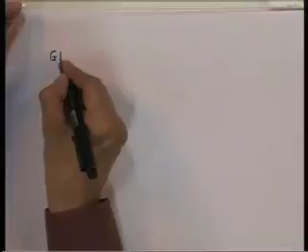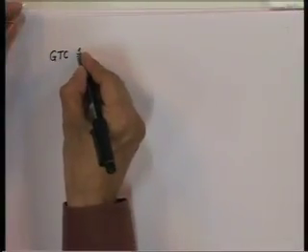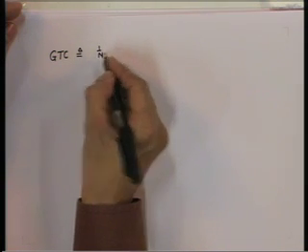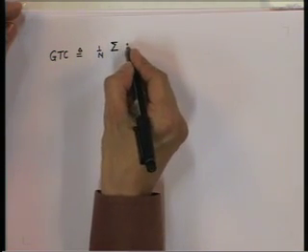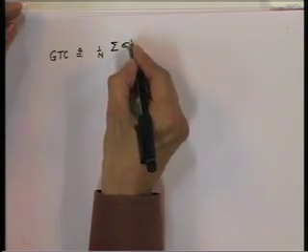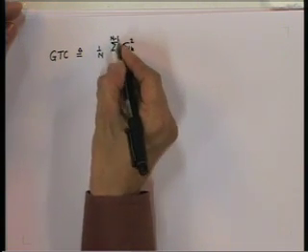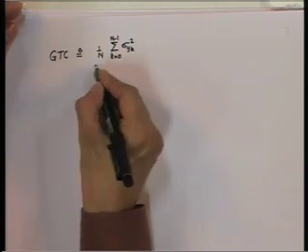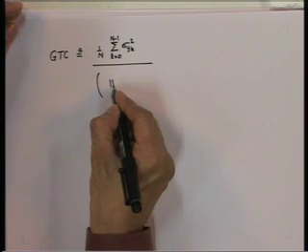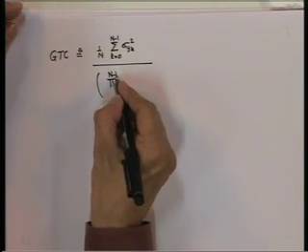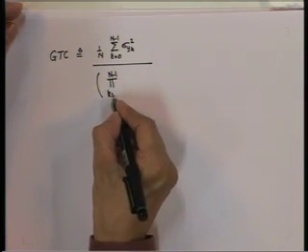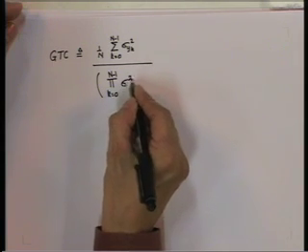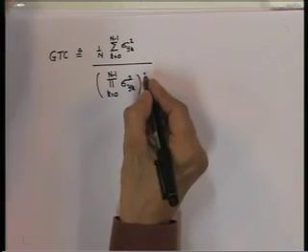That is, we try to maximize G TC, which is by definition equal to the arithmetic mean of the variances of the transform coefficients to the geometric mean of the variances of the transform coefficients.